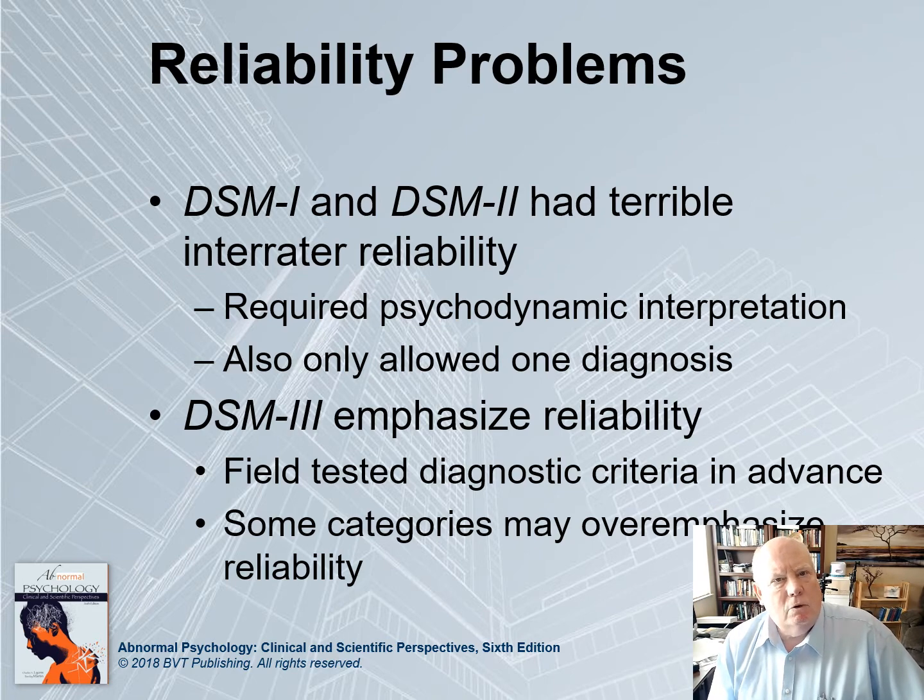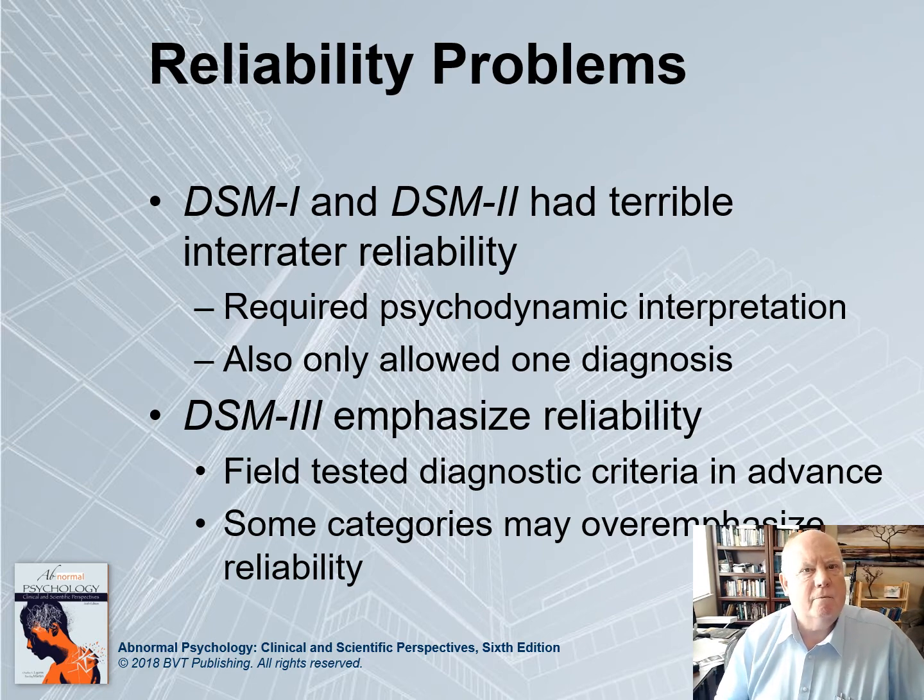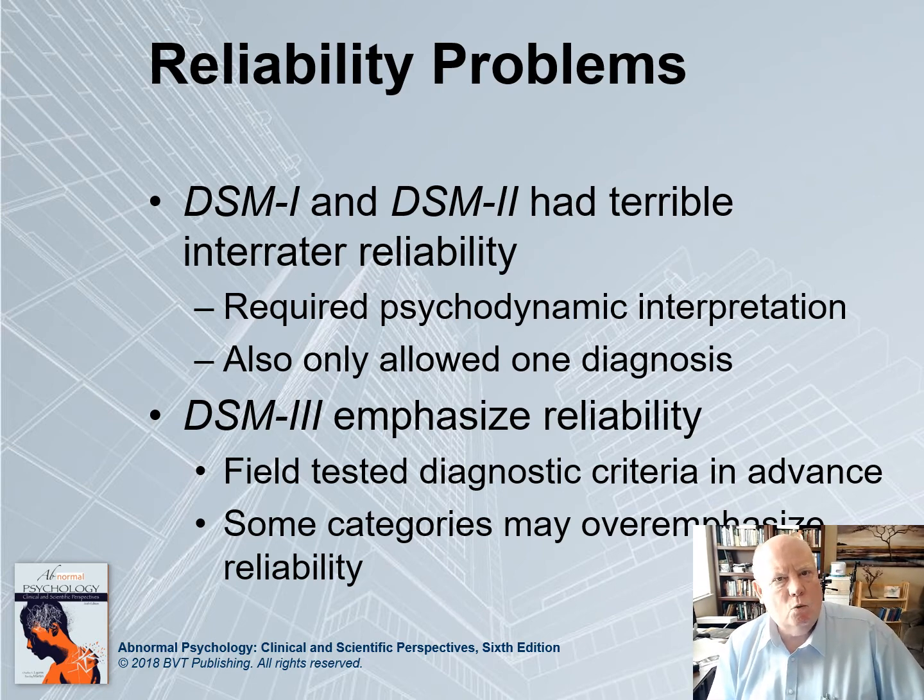It also improved validity, but it was only the start. By improving reliability from DSM-III to DSM-III-R to DSM-IV and DSM-IV-TR, we gradually were able, through research, to improve the validity of the diagnostic system.